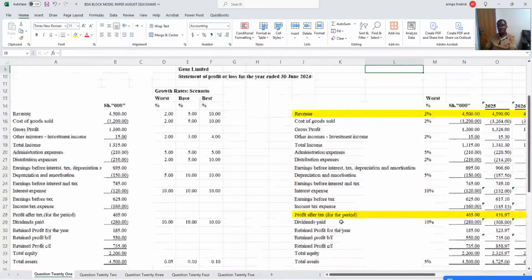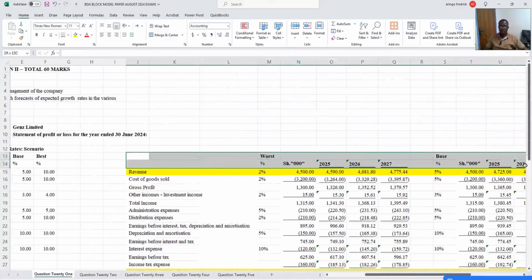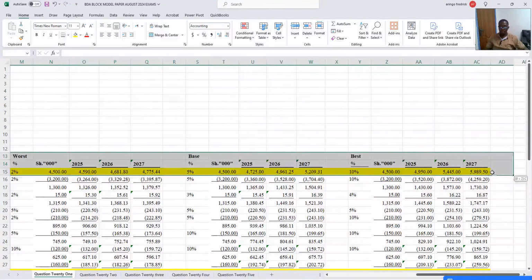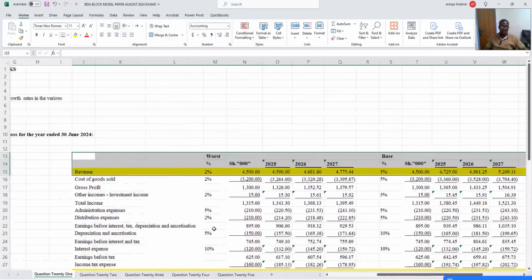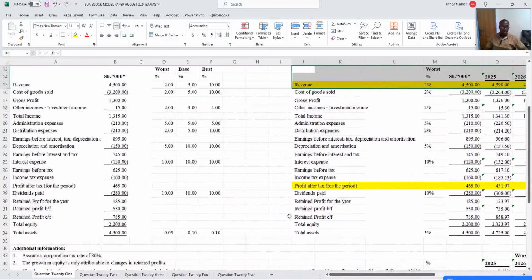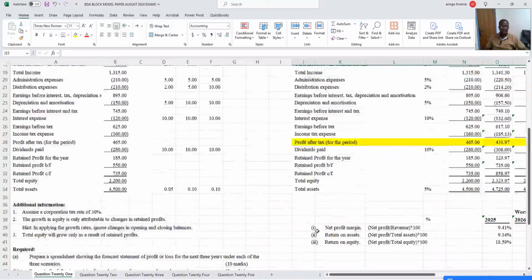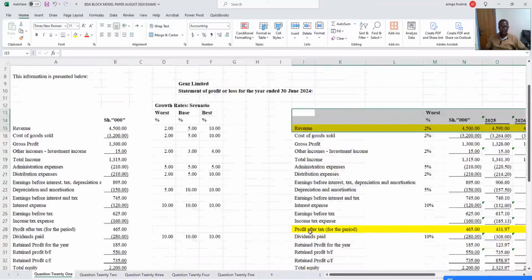So all I'll be required to do here is to take our period, that is our scenarios and period. So we have revenue and what? We're told revenue and net profit.